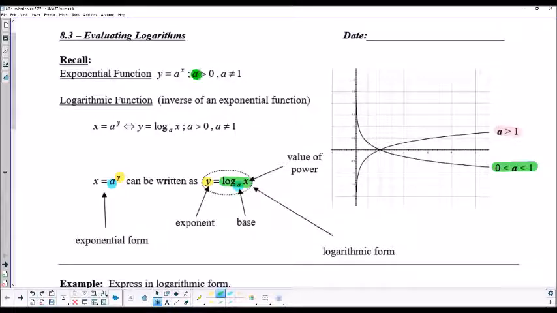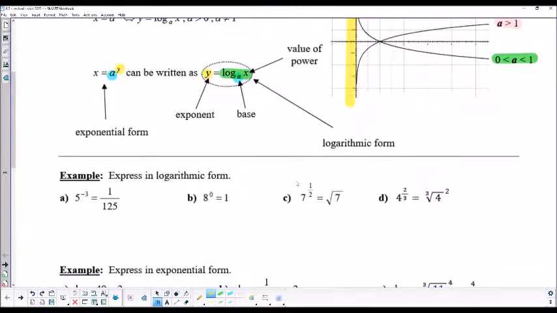These bases are always going to be positive, greater than 0. Those are two graphs to keep in mind. Notice also that these graphs of logarithms do not come into the negatives. They always stay positive. So a logarithm cannot be negative.